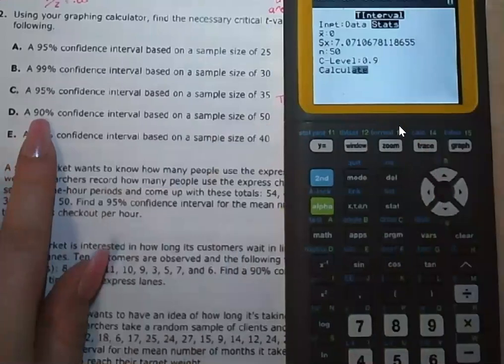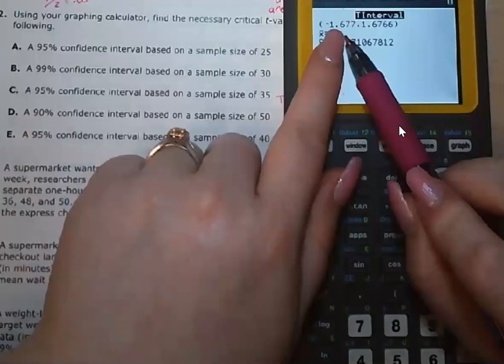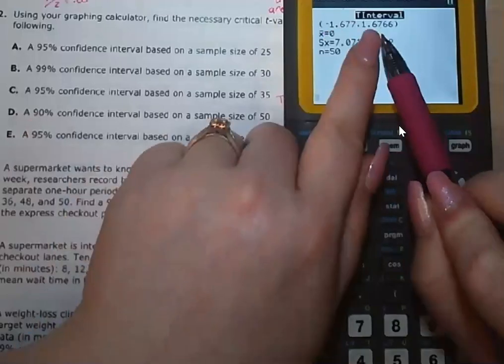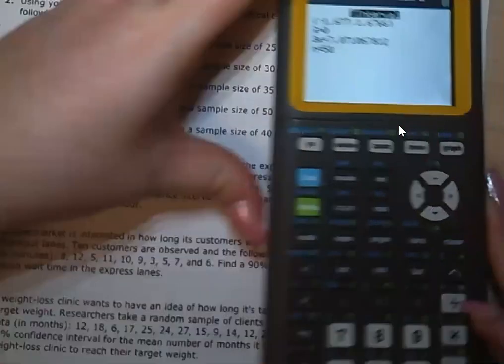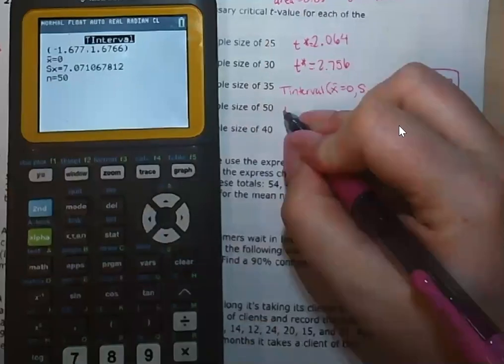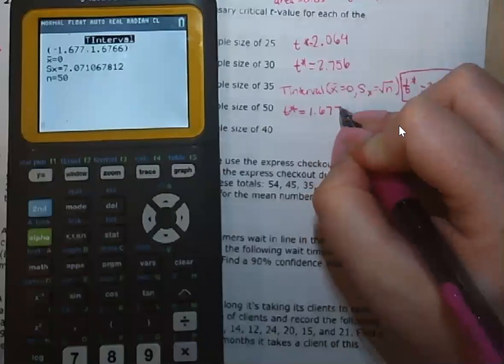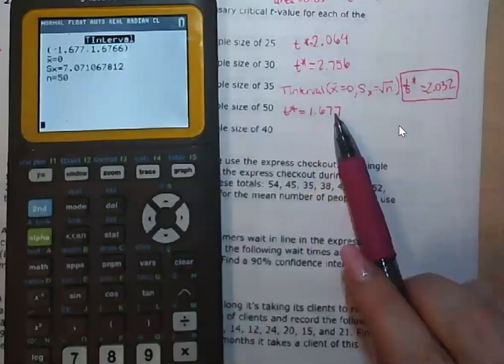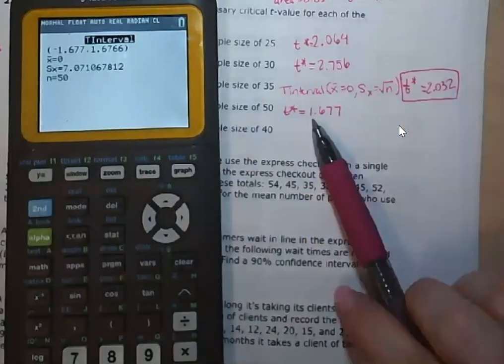When I calculate, it gives me my negative t star and my positive t star, 1.6766. If I round to the nearest thousandth, like I've been doing all along, that's 1.677.